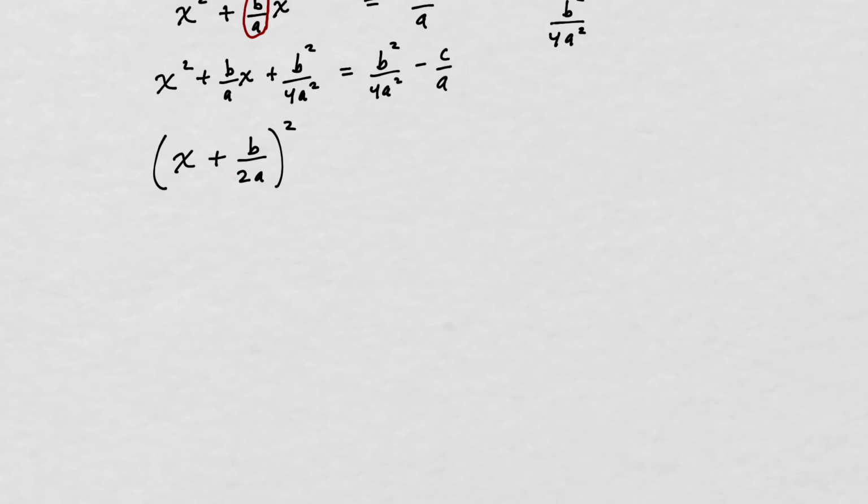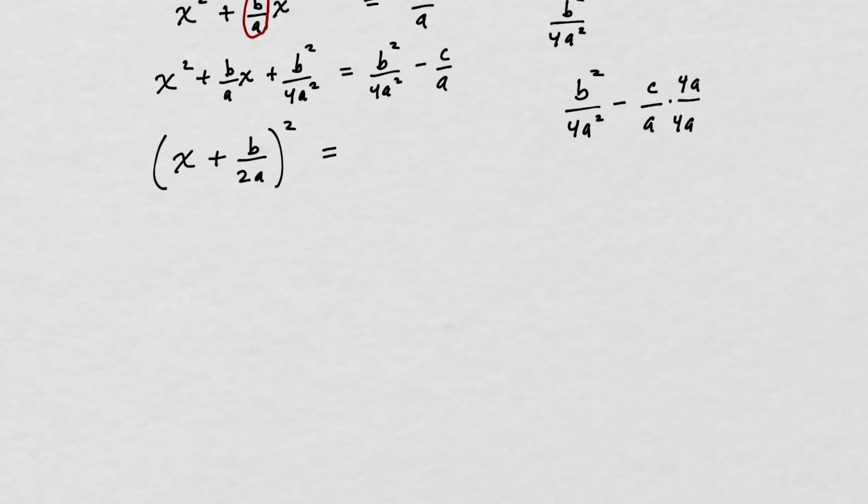And then the right-hand side, I'm going to subtract those by writing them so they have the same denominator. Remember, when we subtract fractions, we have to have the same denominator. So in order to get 4a squared for my denominator, I'm missing a 4a here, so I need to multiply the numerator by 4a.